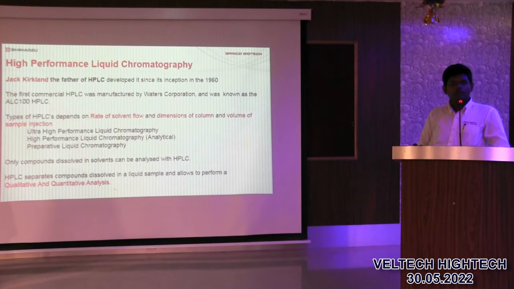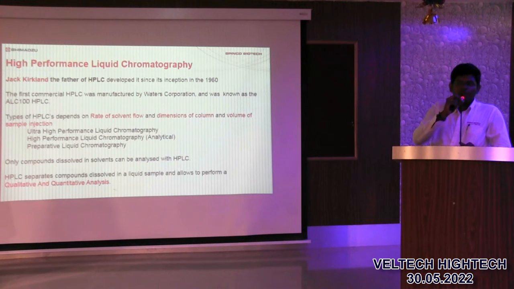So what is ultra high performance? If an analysis or a quantification or whatsoever on an HPLC takes 40 minutes, using a UHPLC it is going to take only 4 minutes. For industries, time is money. Our HPLC costs around 25 lakhs, whereas UHPLC will cost 60 lakhs.